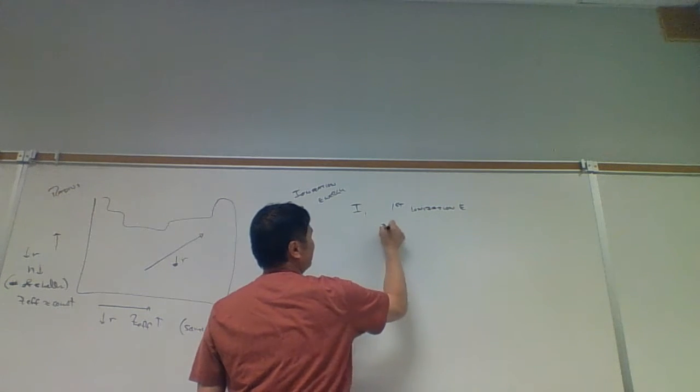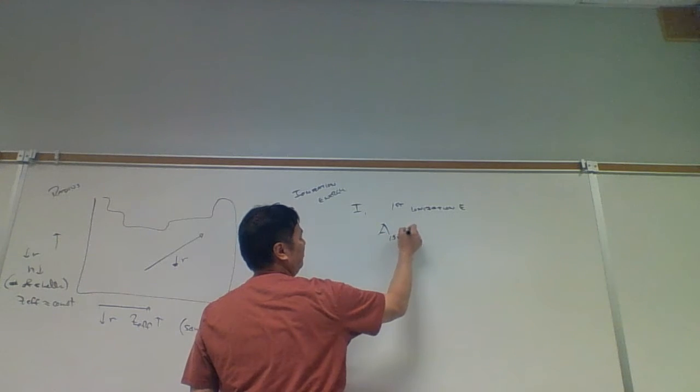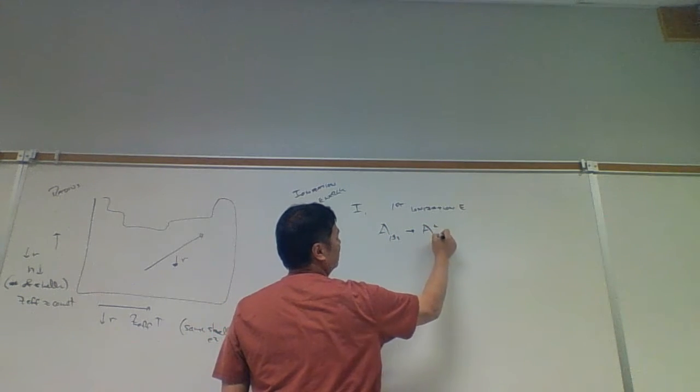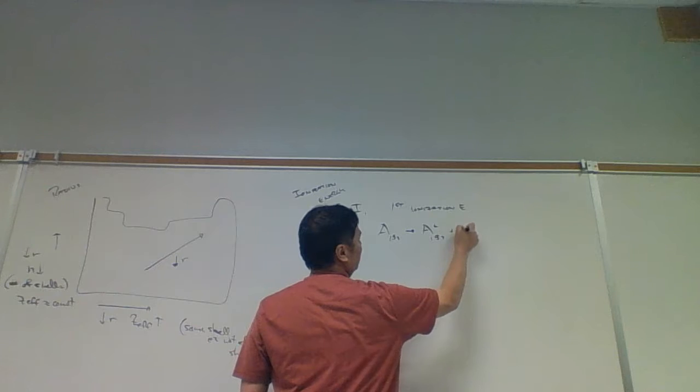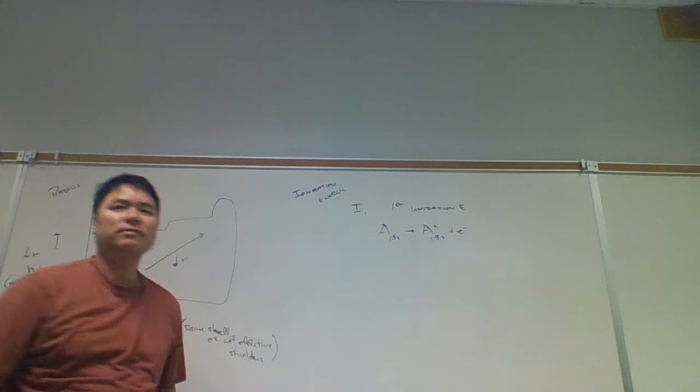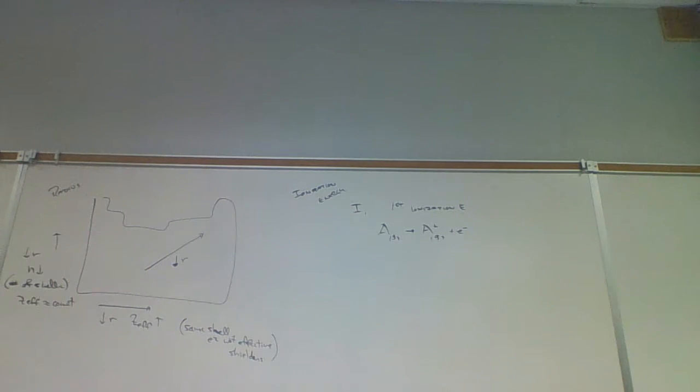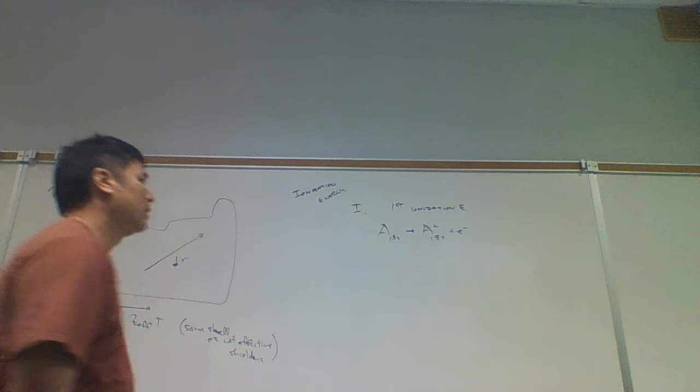The first ionization is just taking a gaseous atom and ionizing it to a positive cation and an electron. So this would be in the gas phase. That would be the ionization energy. So the ionization energy of hydrogen would be a gaseous hydrogen atom being ionized.